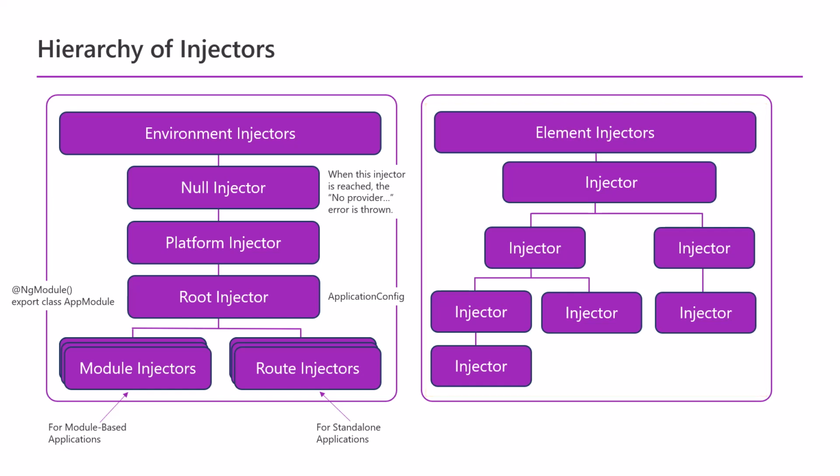All of the injectors within an Angular application are in a hierarchy, with the element injectors being at the lower level of the hierarchy and the environment injectors at the top of the hierarchy.